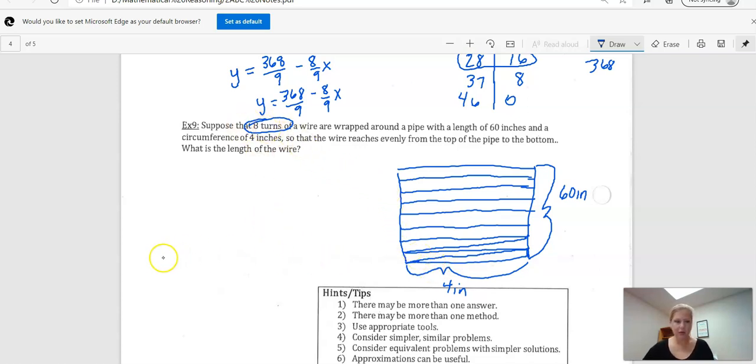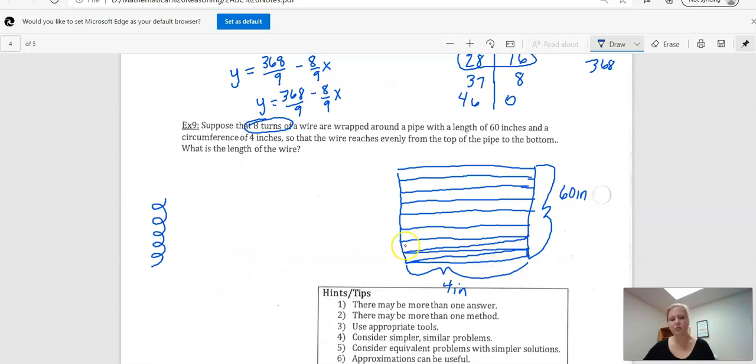So when you wrap a wire around, we're talking about a cylinder. It's going to wrap around and around and around this pipe. So if you stretched it out and unfolded it, the wire would wrap around and then loop back around.